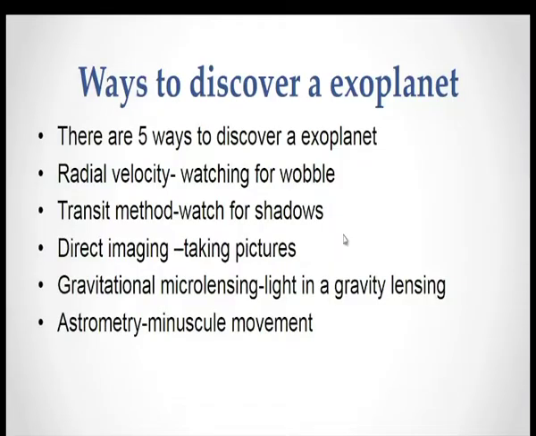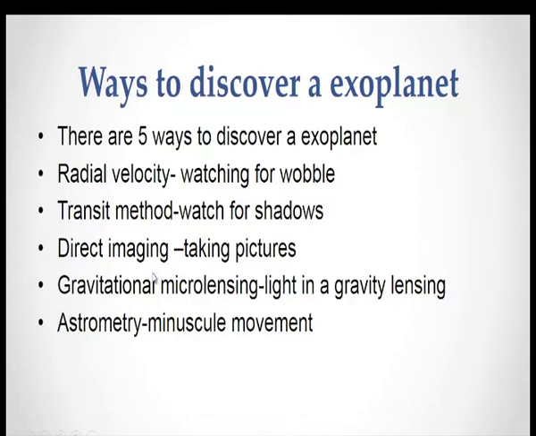The first method is radial velocity, or watching for the wobble of the star around which the planet is revolving. Then the transit method: watch for shadows of the planet, or watch for the dimming of light emanating from the star. So that's the transit method.